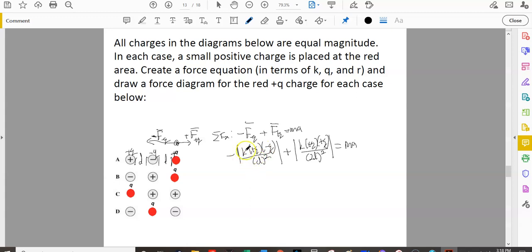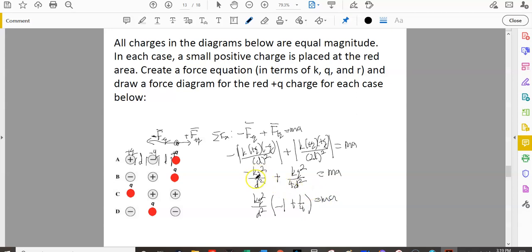All right. Well, this equation is going to be negative k times q times q, which is kq squared, over d squared, since d is what you're squaring, plus k times positive q over 2d squared, which is kq squared over 4d squared, and that's equal to mass times acceleration. So this is a negative 1, and this is a fourth, so I'm going to pull this kq squared over d squared out, and we have negative 1 plus a fourth equals ma.